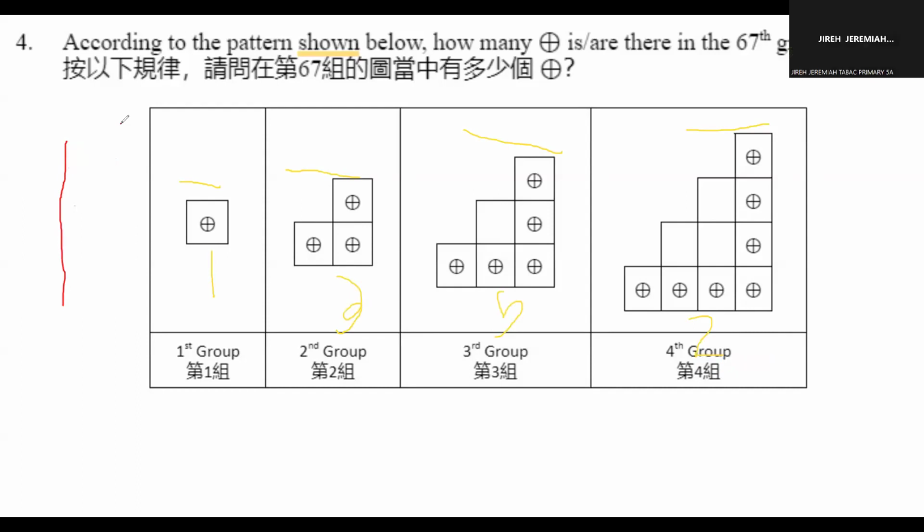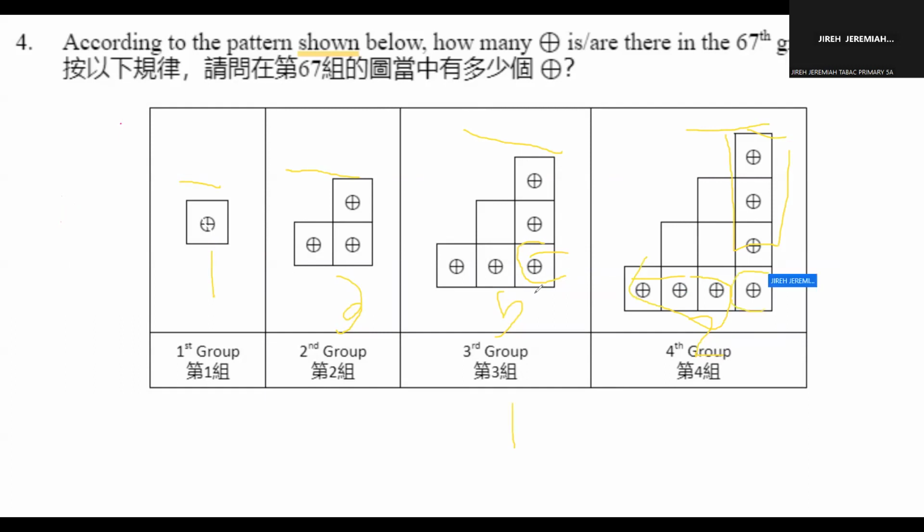So what you can see is, here is one symbol, so that's 1, and the number of symbols in these parts are the same.